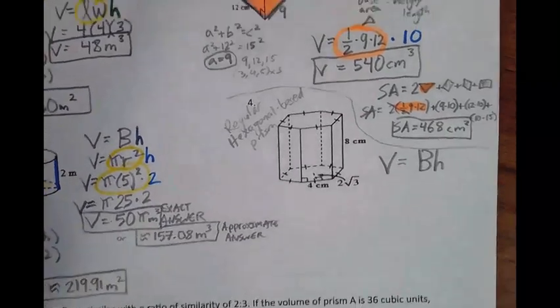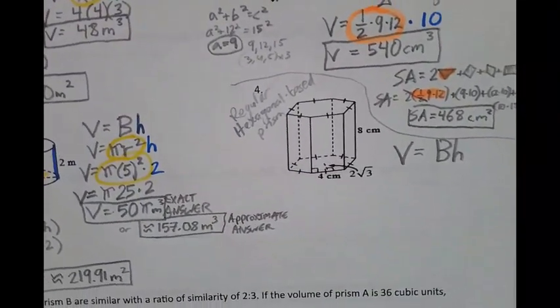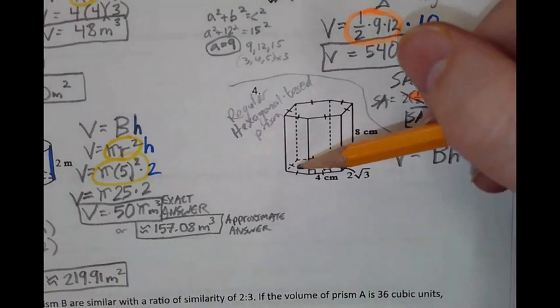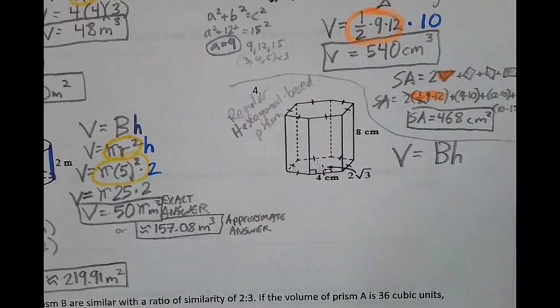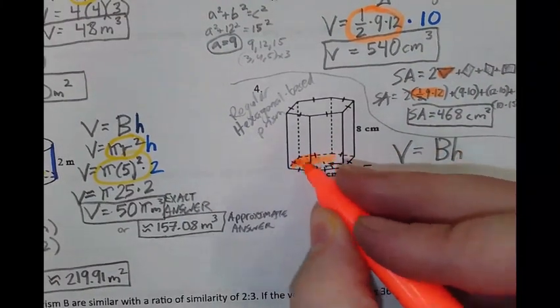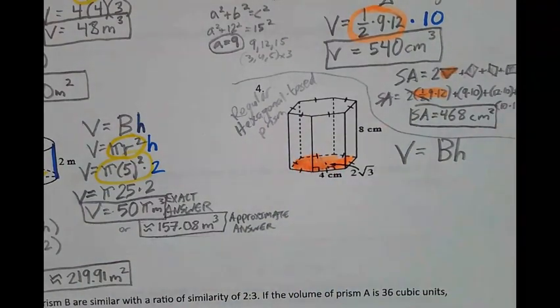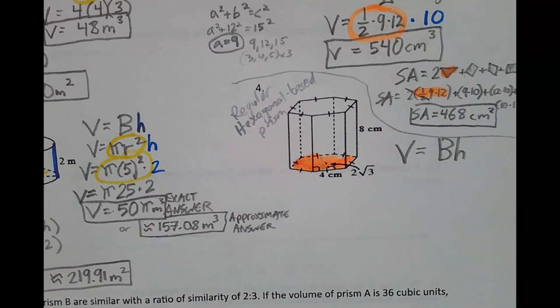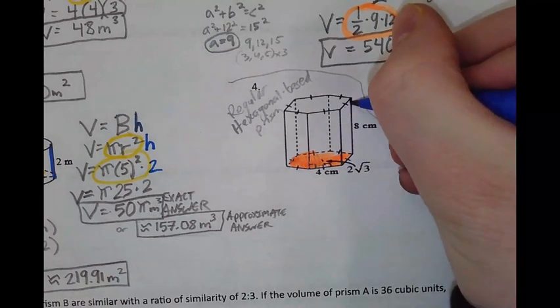So let's see where this problem takes us. Okay, we have to find the area of the base. I'll color it in orange here. And we need to multiply that by the height of the stack.